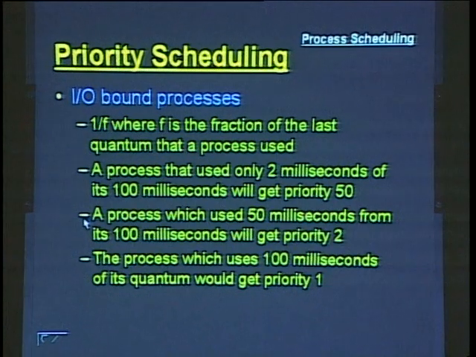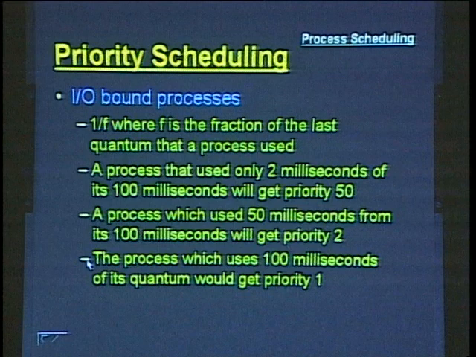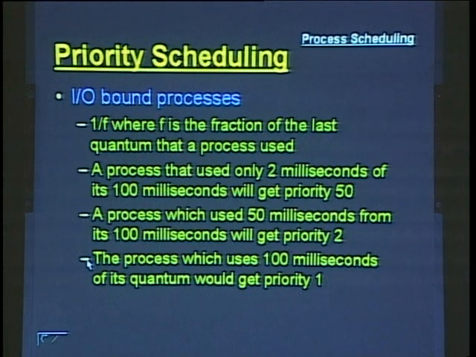Let's assume we have another process which used 50 milliseconds from the 100 milliseconds quantum. This process will get a priority of 2. Yet we have another process which used all 100 milliseconds of its quantum. It would get the priority 1.